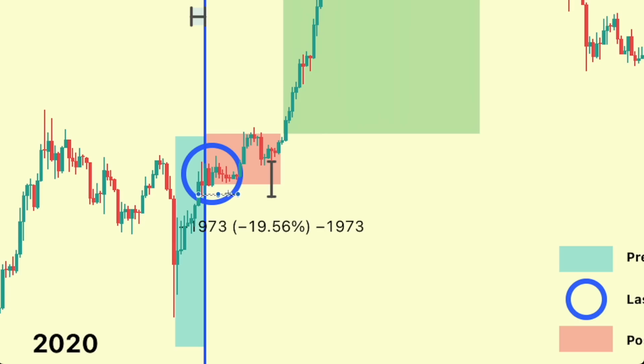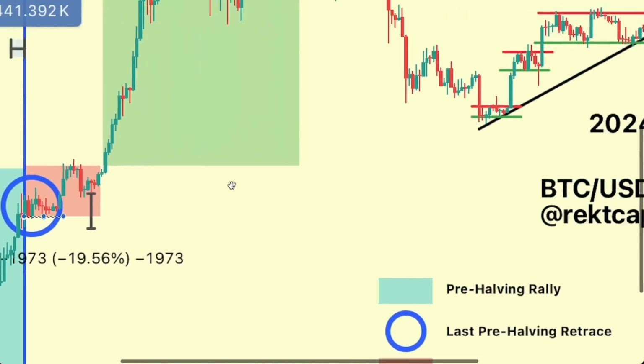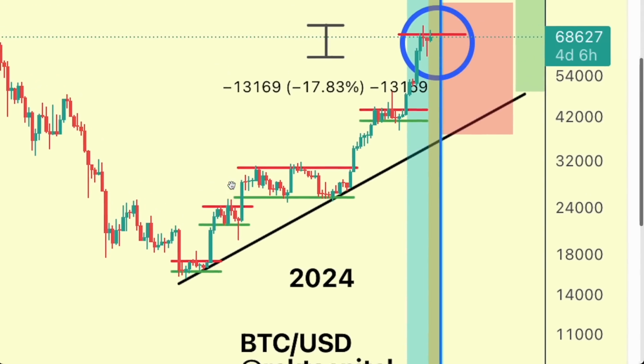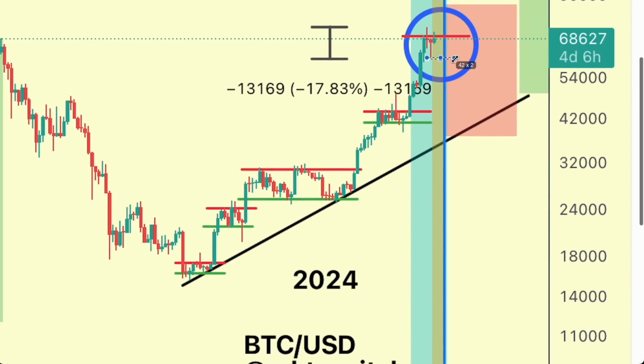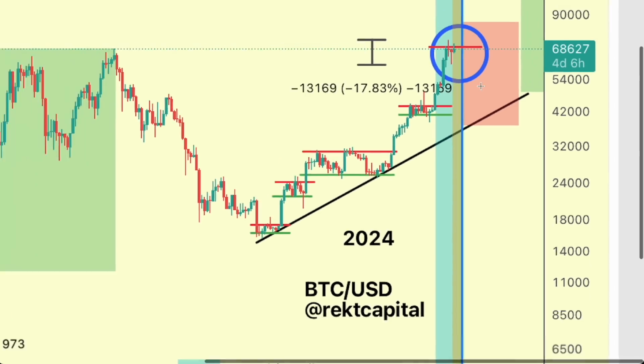And then after the halving, the last bargain buying opportunity was at the range low reaccumulation range, right?